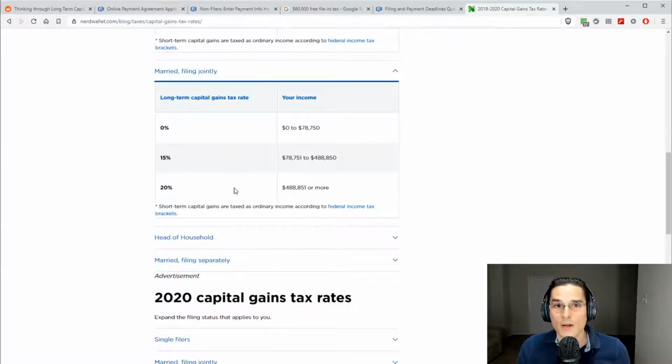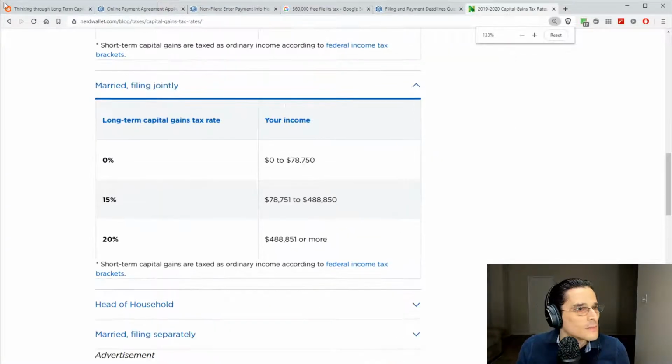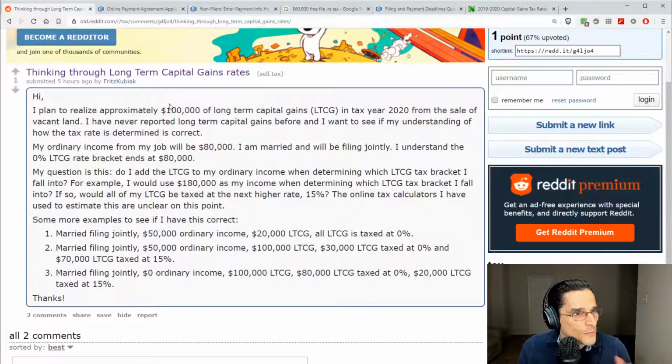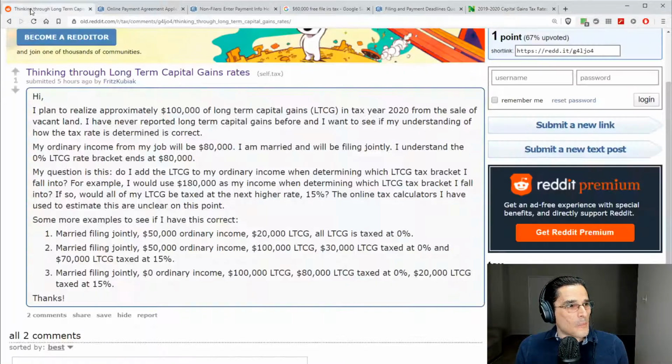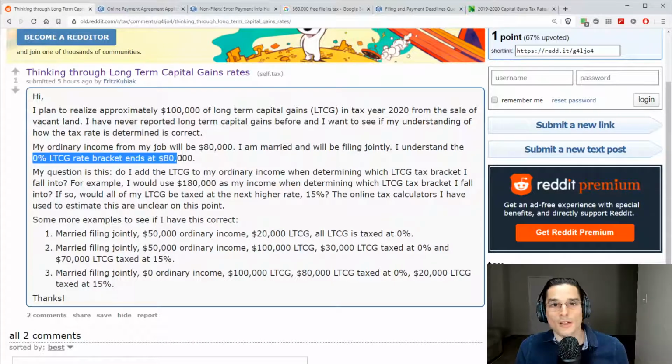So let's look at married filing jointly because our friend Efros Financial is filing jointly. So this is where that $80,000 amount comes from, right? You'll see a lot of people referencing this $80,000 amount. The 0% long-term capital gains bracket ends at $80,000.